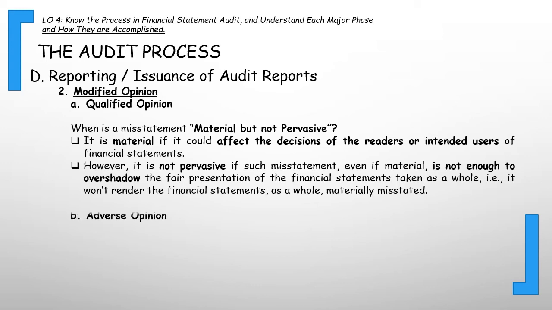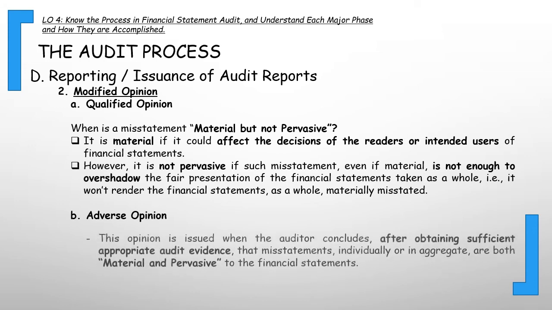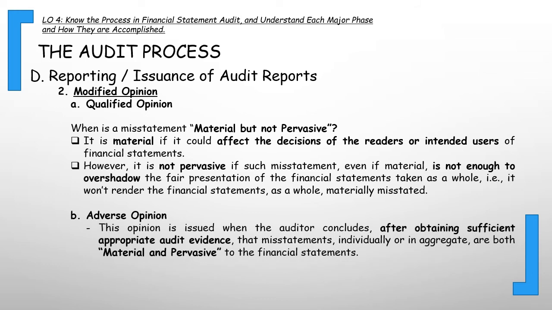Then, adverse opinion. So, meron na tayong qualified. So, next is adverse opinion. So, adverse, this opinion is issued when the auditor concludes after obtaining sufficient appropriate audit evidence that misstatements individually or in aggregate are material and pervasive to the financial statements. Okay?